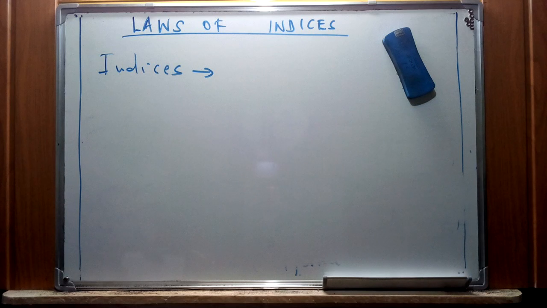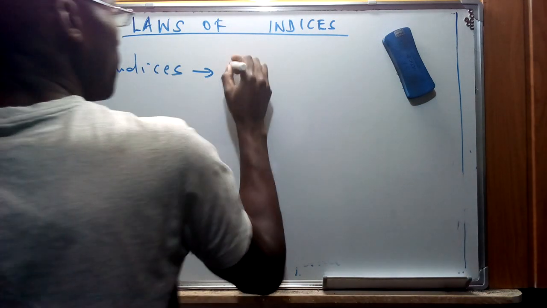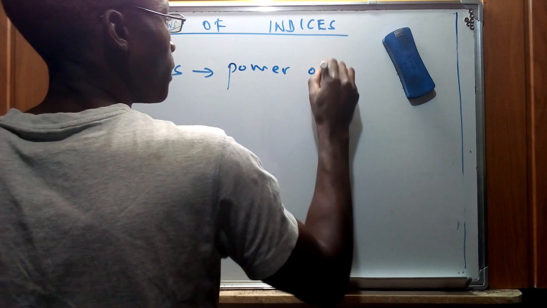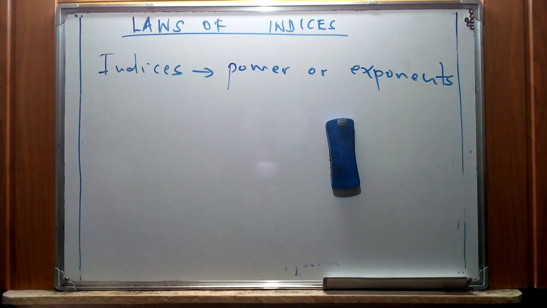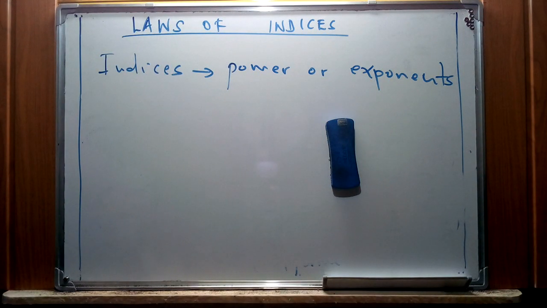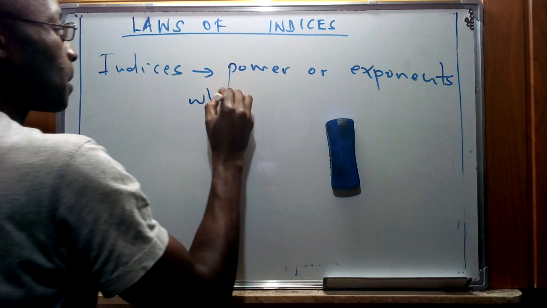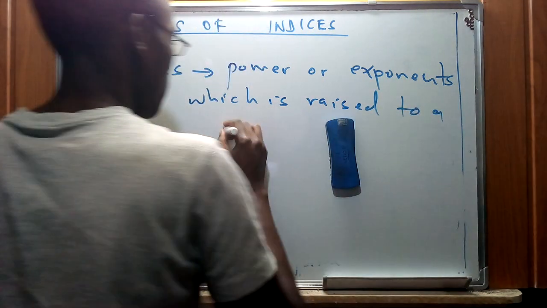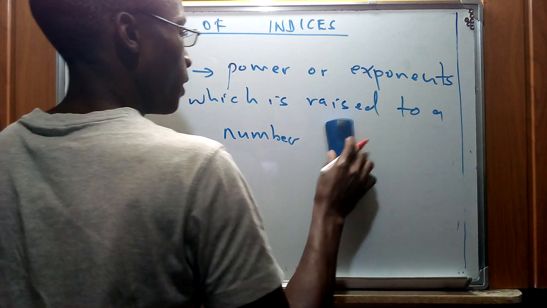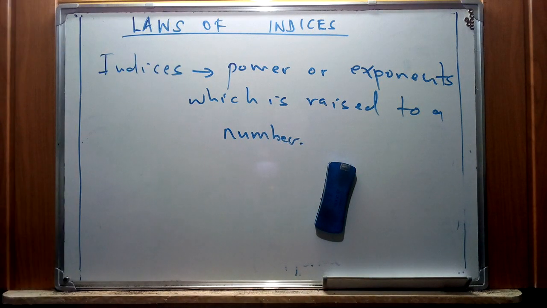But for our case, specifically in mathematics and sciences, this is going to refer to the power or exponent which is raised to a number or a variable. So in this case, it is just a general definition for the term indices. And that basically is a plural of the word index.